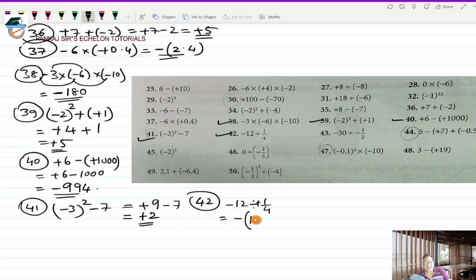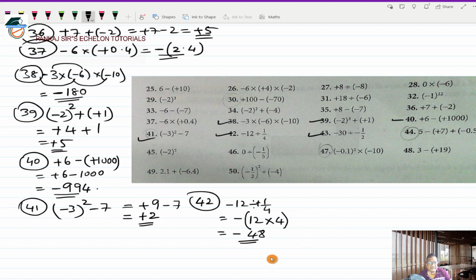Now 12 divided by 1 by 4 can be written as 12 multiplied by the reciprocal of 1 by 4, that is 4. So I can write 12 into 4. This will work out to minus of 12 into 4 happens to be 48. So minus 48 is my final answer for 42, which is again perfectly okay.